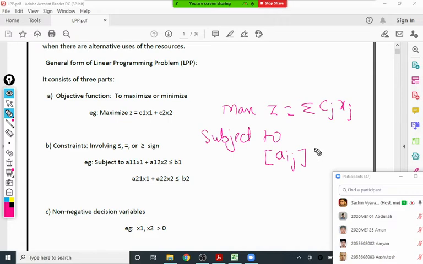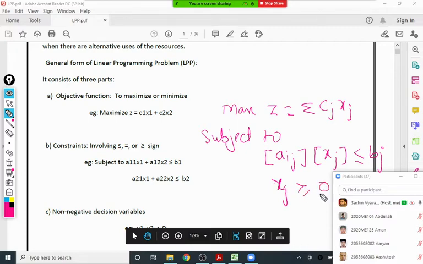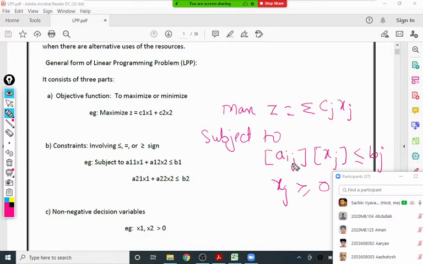Then we have the matrix of the decision variables Xj, less than or equal to Bj, and the Xj's are greater than or equal to 0. This is the general notation. So first is the objective function, where the Cj's are the cost values, and Aij is just like a matrix equation.